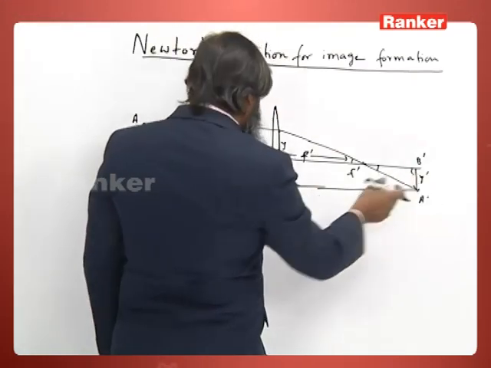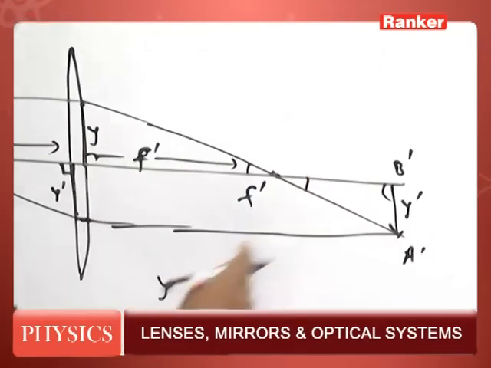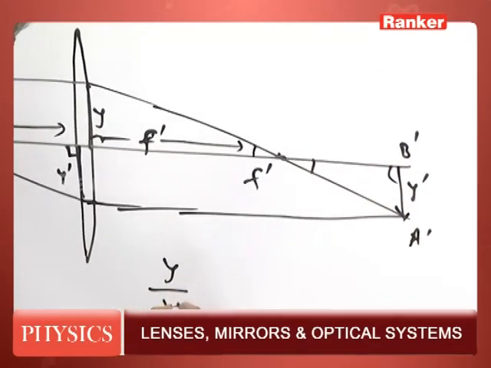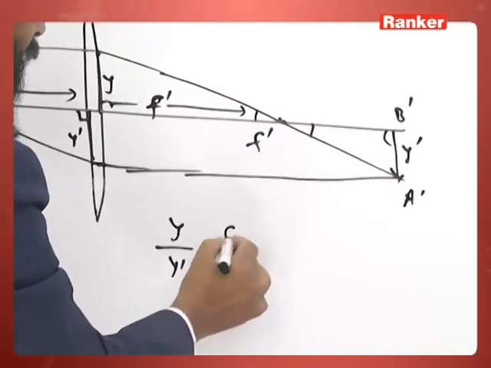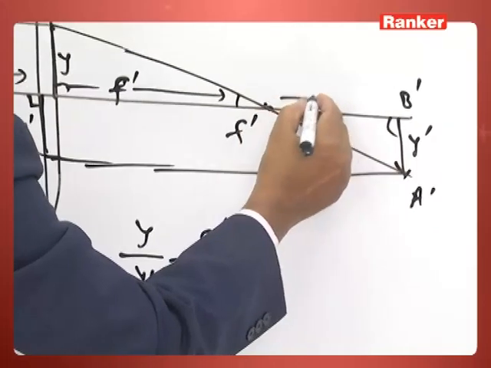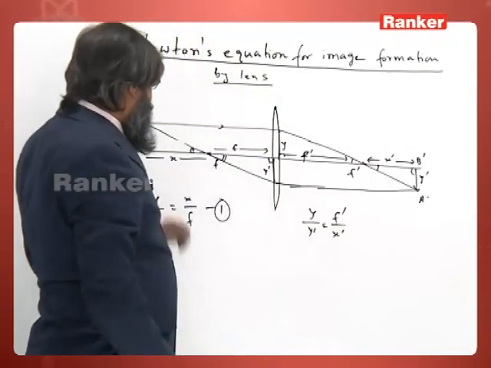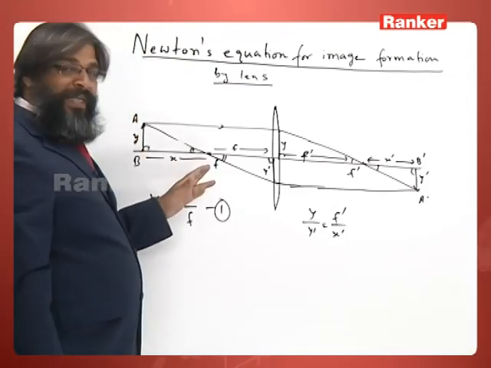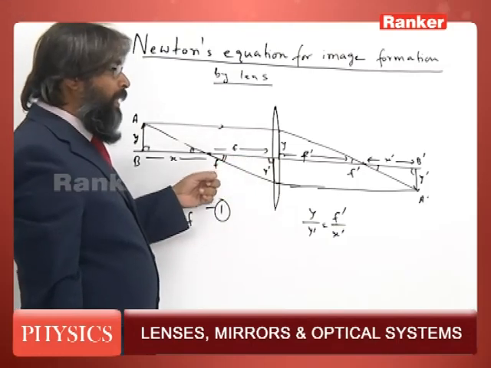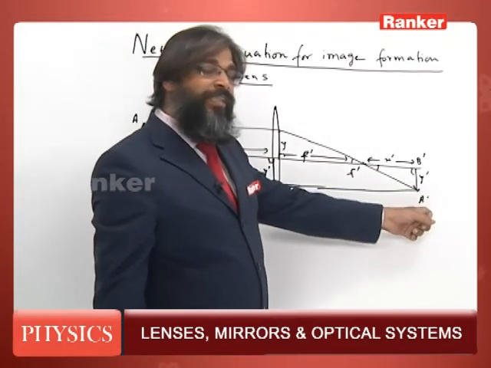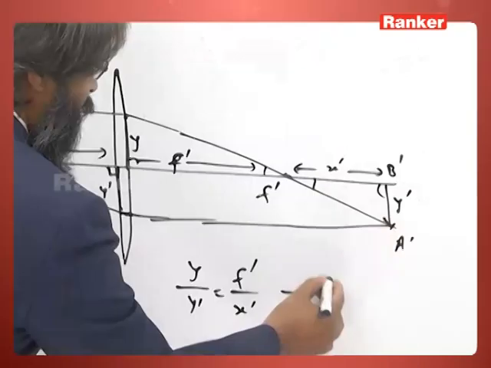So, again from this triangle y and from this triangle y dash, y by y dash is equal to f dash by x dash, suppose I call this distance x dash. Here you see this object distance is measured not from the pole but from this focus, and here the image distance is measured from this point. So, these two equations are there.